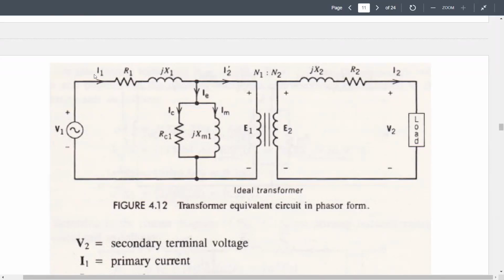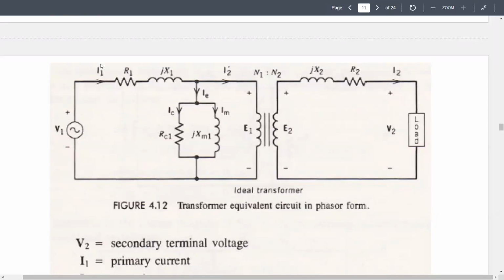In that way, I1 will be very low. So there will be current circulating here, but there won't be any current circulating on the secondary side. Why is that? Because there is no load. It's open, so there is no path for the current to go around.